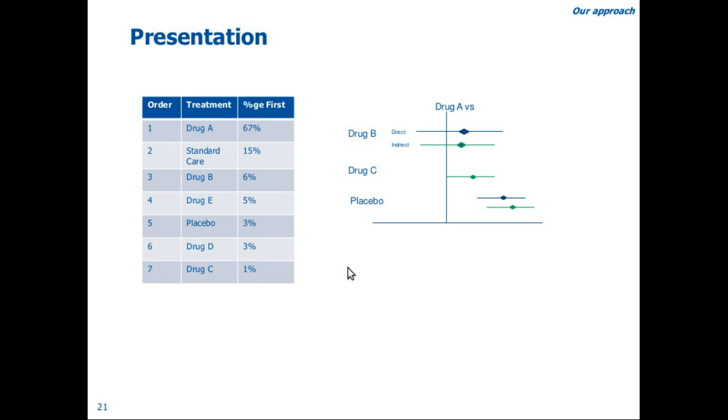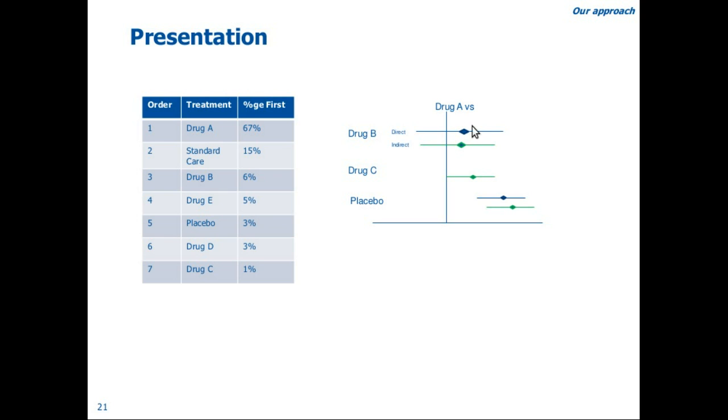Another way of presenting data is to take indirect and direct evidence and maybe mixed treatment comparison evidence as well, and using the standard comparator, in this case drug A, produce a forest plot which has the direct and the indirect evidence alongside. Now what I like about this is it allows people to decide what sort of evidence they trust, and it also allows people to look at the consistency of evidence.